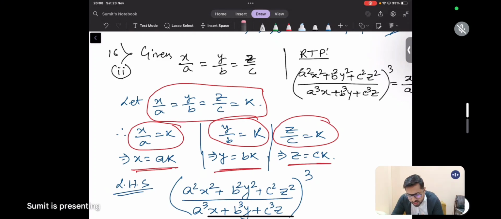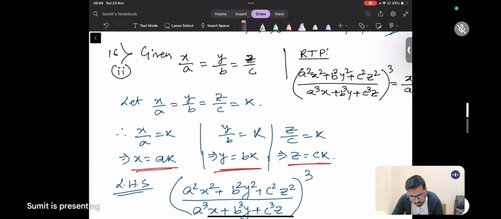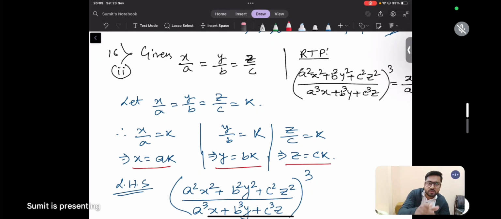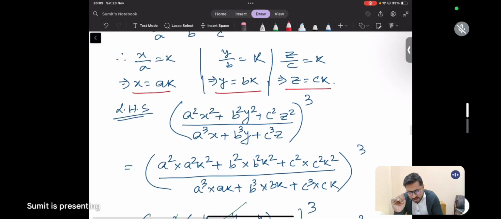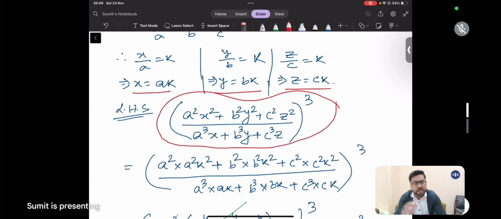What we will do with the help of this, আমরা এই x y z যা পেয়েছি, x equal to ak, y equal to bk, z equal to ck, this 3 x y z we will replace over the LHS as well as in the RHS. So now I have taken the LHS only. LHS কি আছে? যা আছে লিখে দাও, ঠিক আছে?